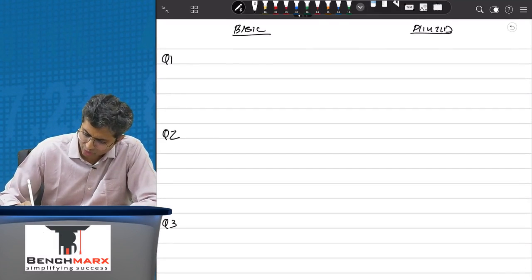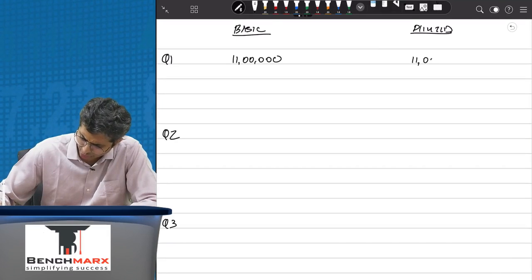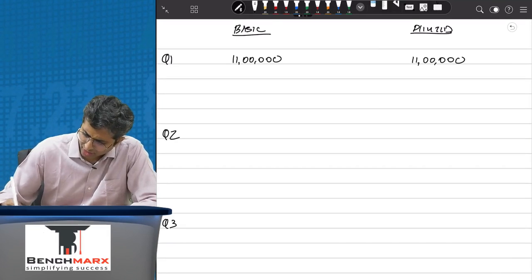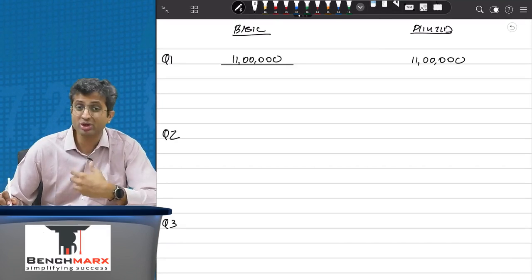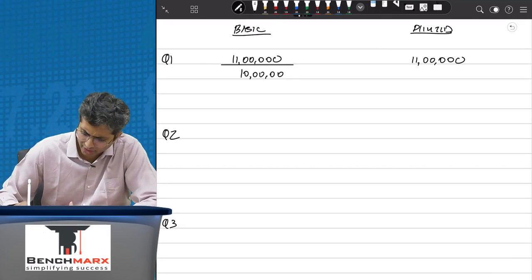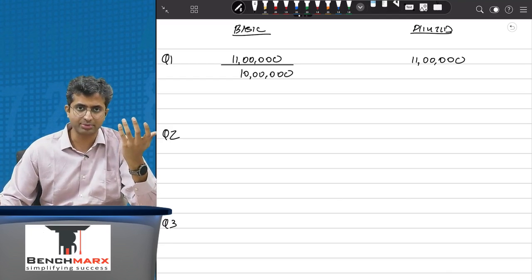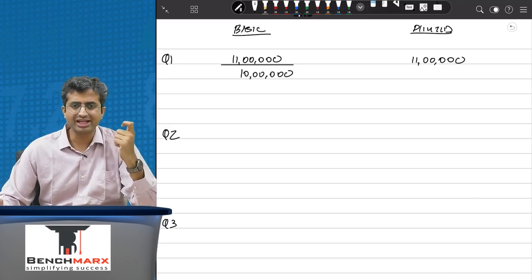So over here, when you take the numerator in all of these cases, this is going to be 11 lakhs. This is also going to be 11 lakhs. Now, there are no shares actually issued during this period and hence this will be based on 10 lakhs only. If the current period were to be the end of the contingency period, then are any shares issuable?